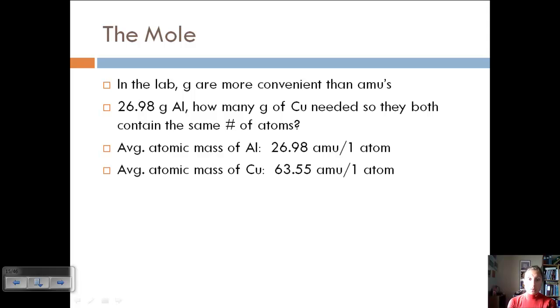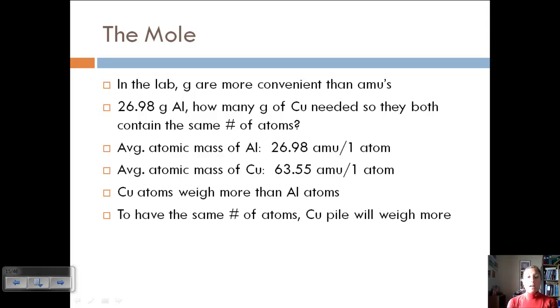And we know also that the average atomic mass of copper is 63.55 AMUs in one atom. So copper has a larger mass per atom, which means that copper atoms are going to weigh more than aluminum atoms. So if we want the same number of atoms, we're going to have less grams of copper because they each weigh more.